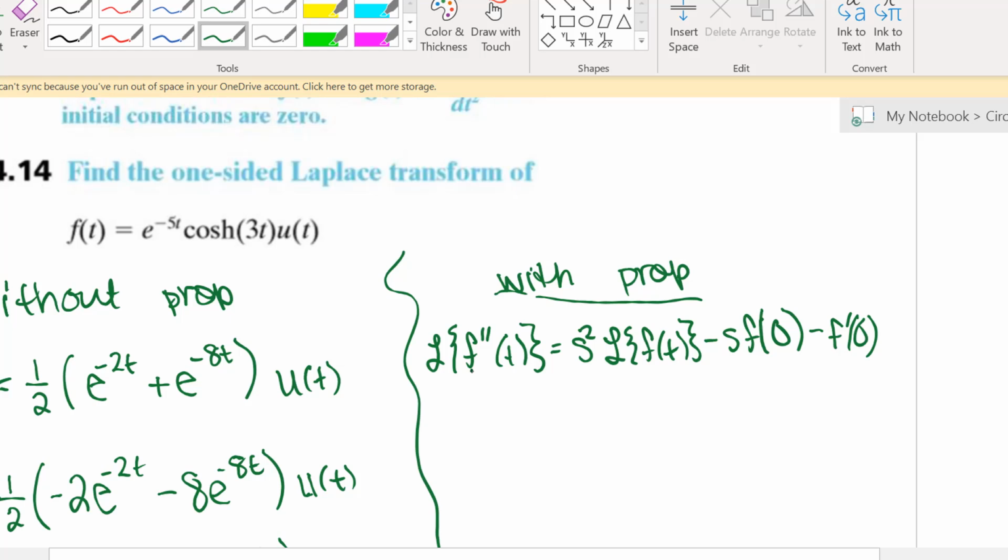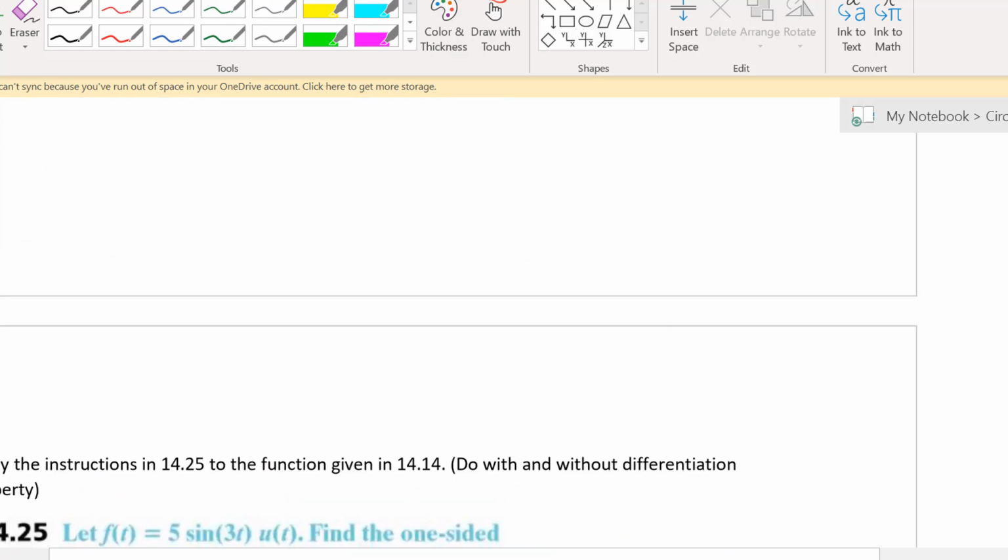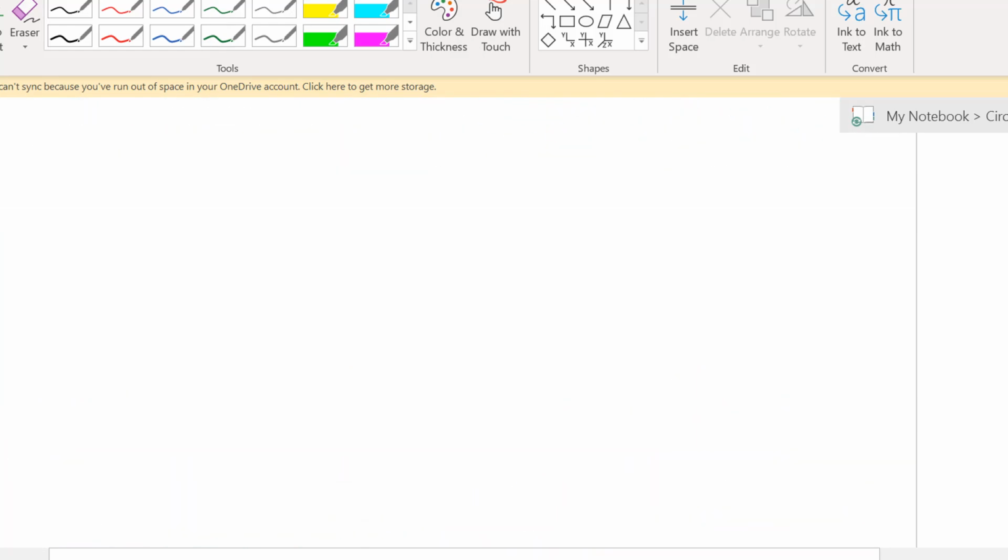Okay, so here we can get practice doing it with a function that we know and see that it works out to be the same. Okay, well, s squared times the Laplace transform of the original, and we did that earlier.